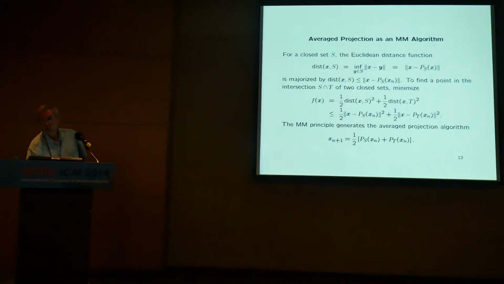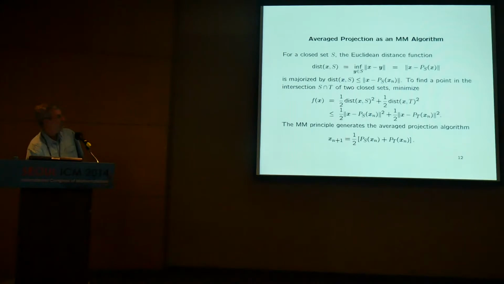Okay, so if you want to find a point in the intersection of two closed sets, what you can do is set up an objective function which is the sum of the squares of the distances to the two sets. And if you majorize using the Euclidean majorizations, now it's trivial to solve for the solution.